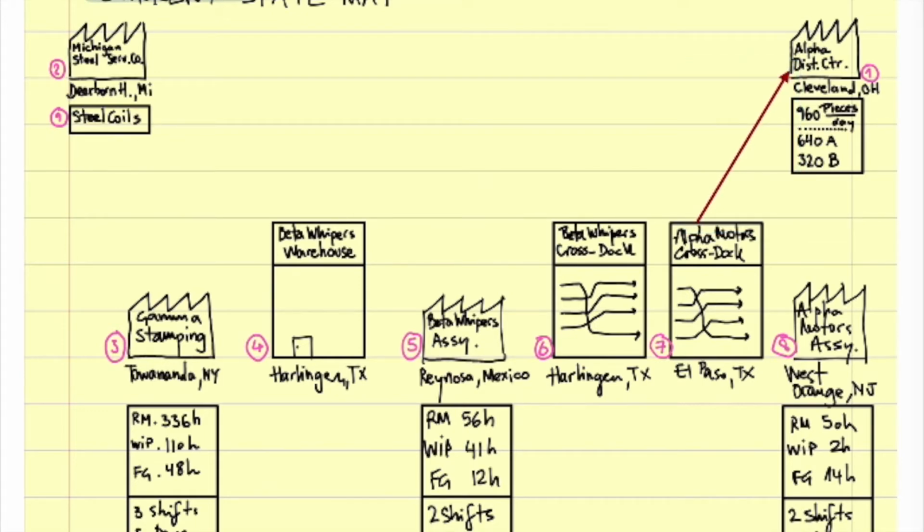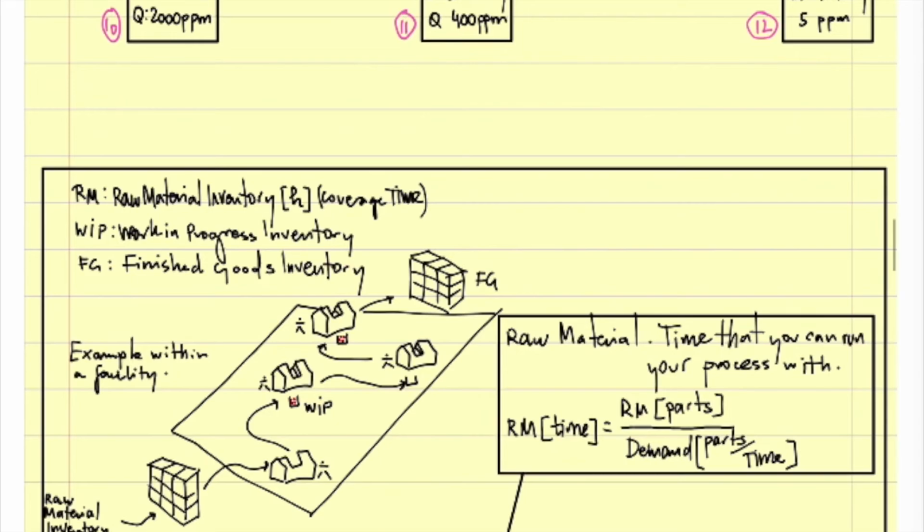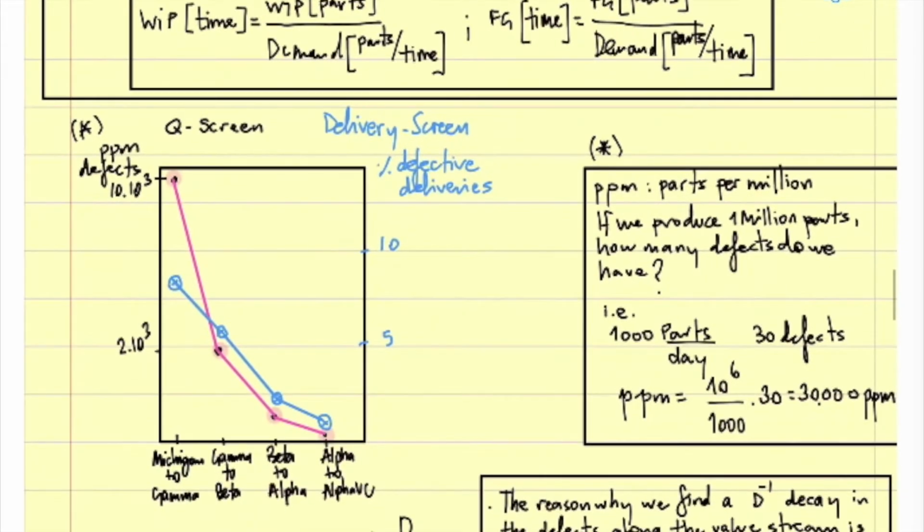I guess somewhere I wrote VC and it should be DC.